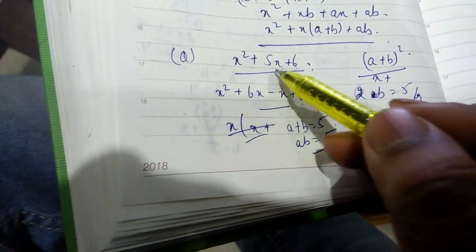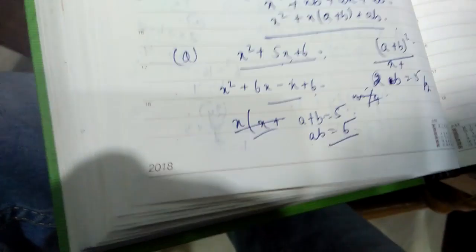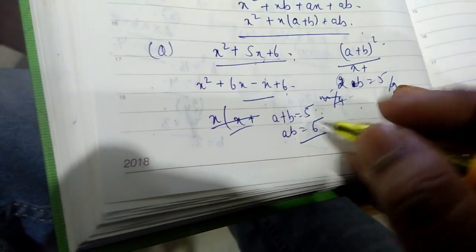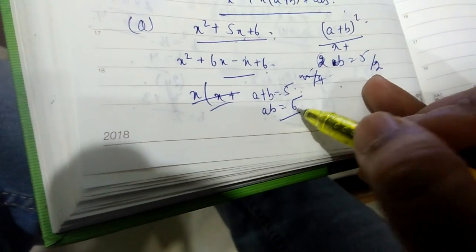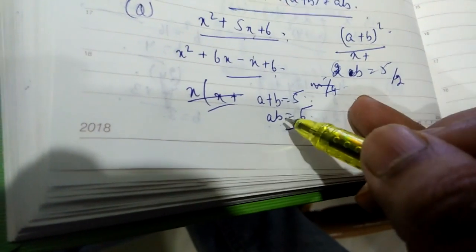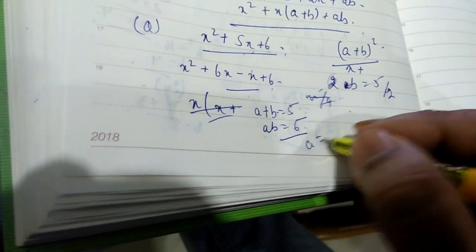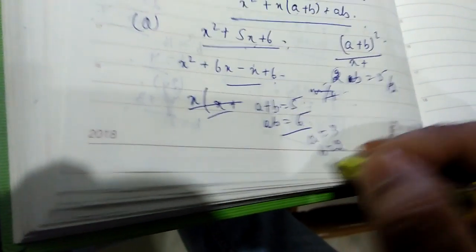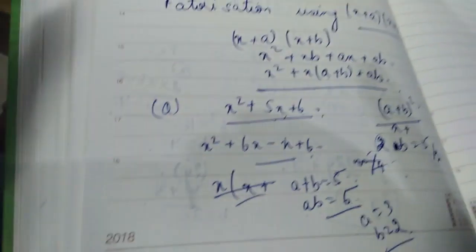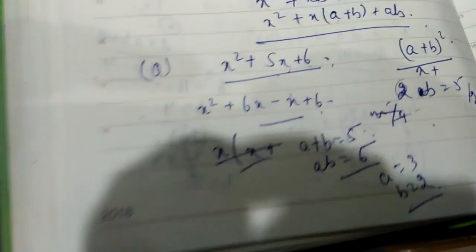So one of the options can be, because the product is positive and the addition is also positive, there is a very high chance that both the numbers are positive. So a is equal to 3, b is equal to 2, we are getting the product as 6 and the addition as 5, so there is a chance that this might be the number we are looking for. So let's see if we are correct.